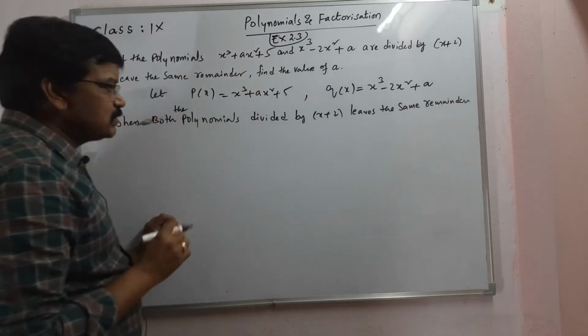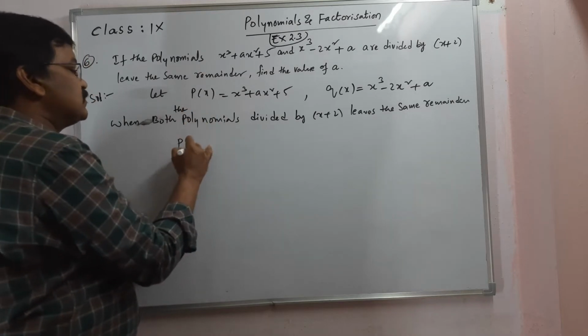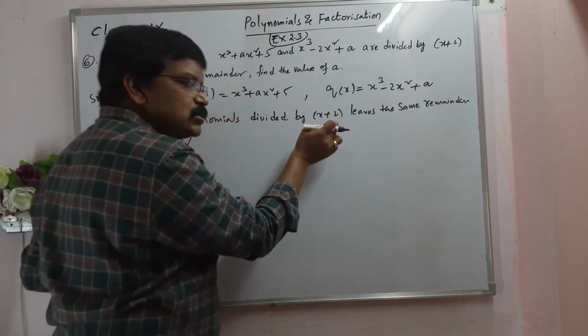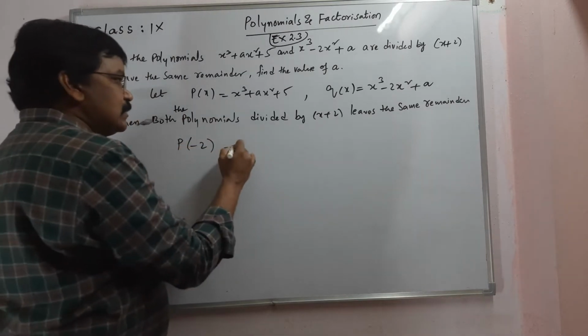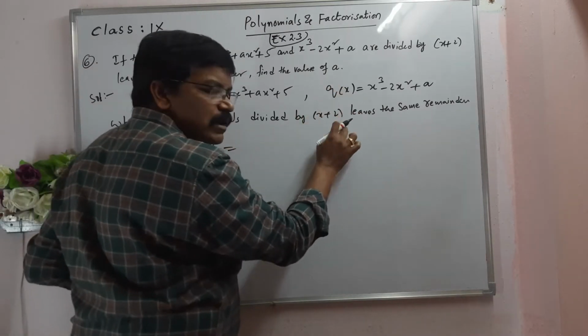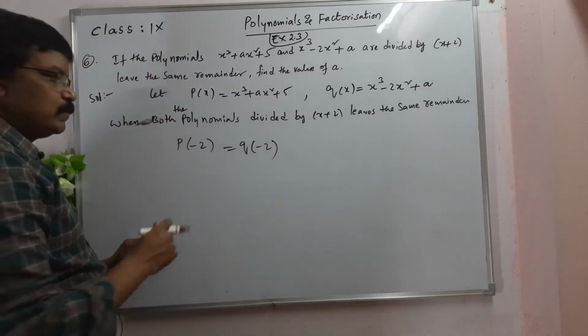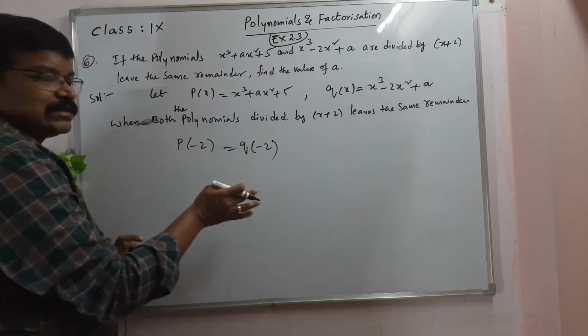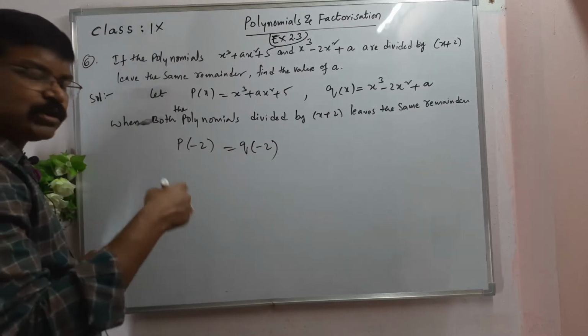My dear students, when this polynomial is divided by x plus 2, what is the remainder? When this polynomial is divided by x plus 2, p of minus 2 is the remainder. Similarly, when this polynomial is divided by x plus 2, q of minus 2 is the remainder. So in both cases the remainders are the same. That means p of minus 2 and q of minus 2 are the same.